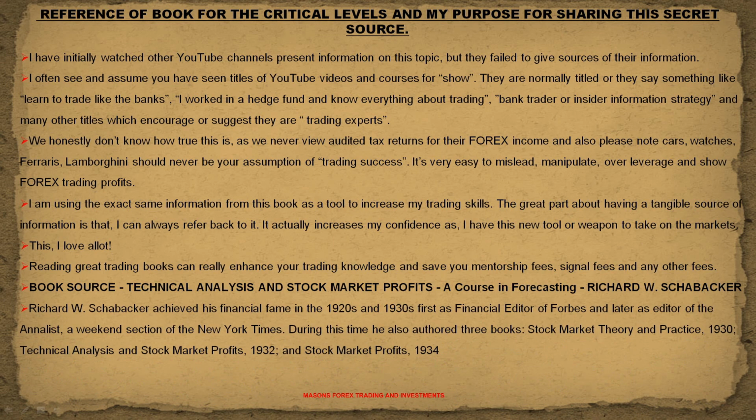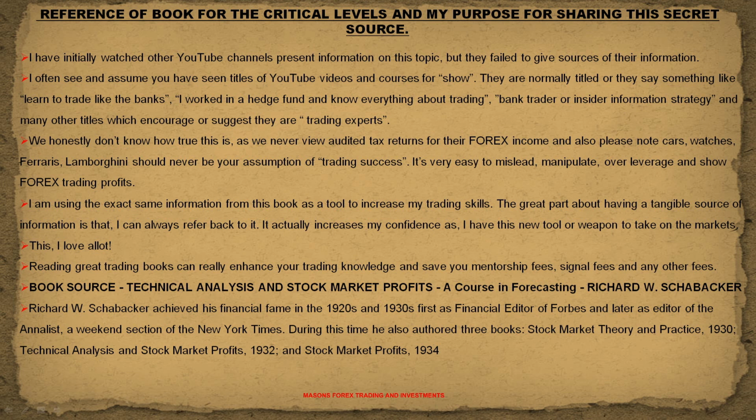So there's some information about the author. He achieved his financial fame in the 1920s and 1930s, first as a financial editor of Forbes and later as an editor of The Analyst, a weekend section of the New York Times. During this time, he also authored 3 books: The Stock Market Theory and Practice in 1930, Technical Analysis and Stock Market Profits in 1932.